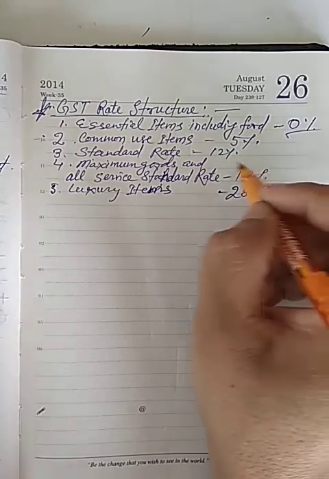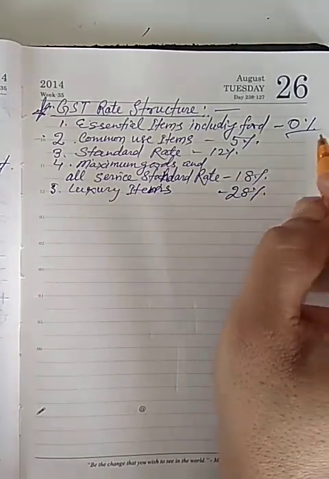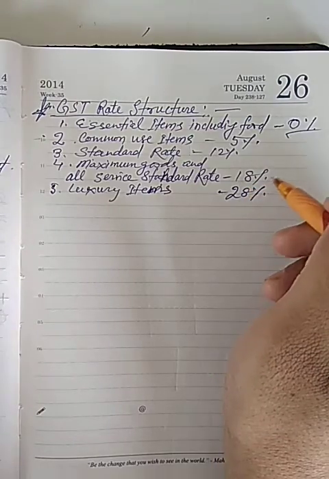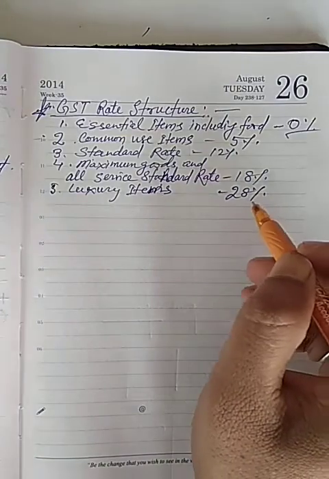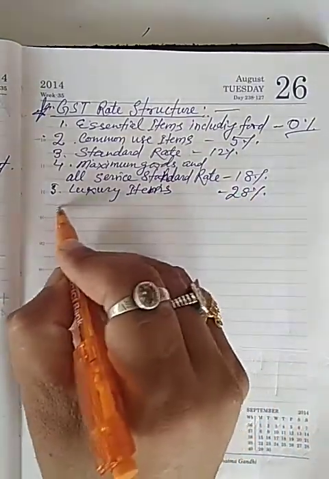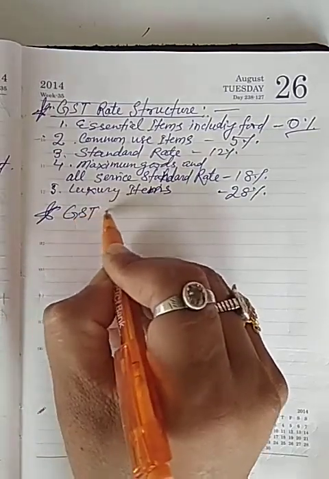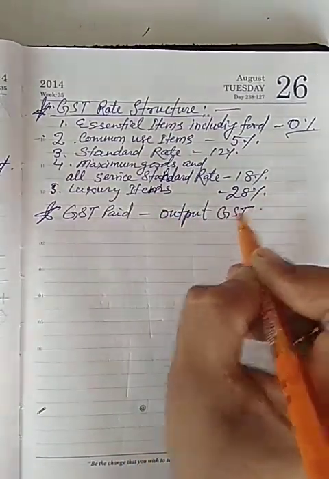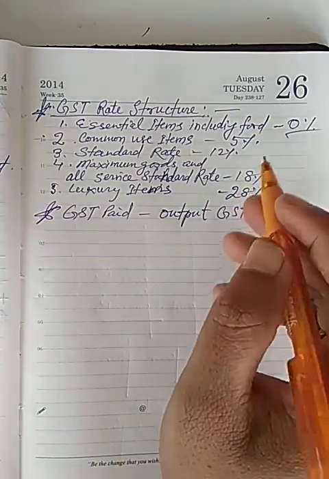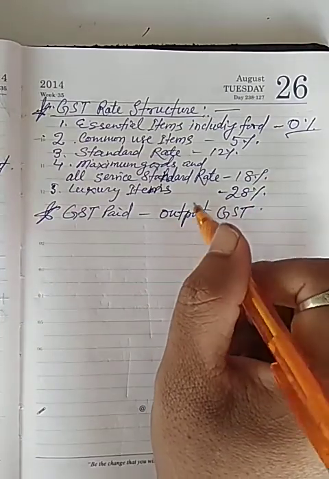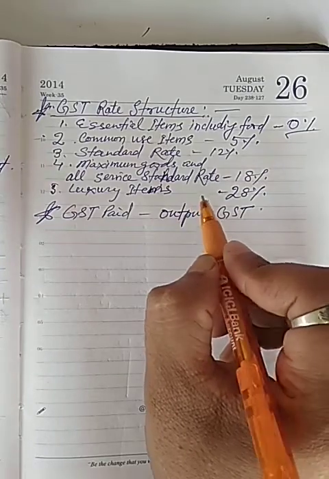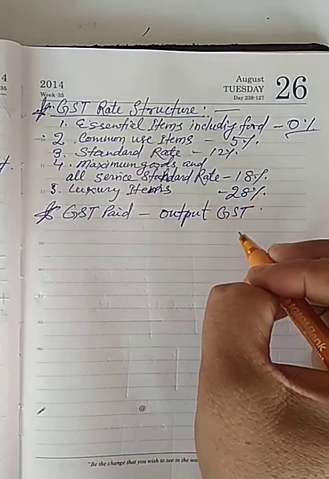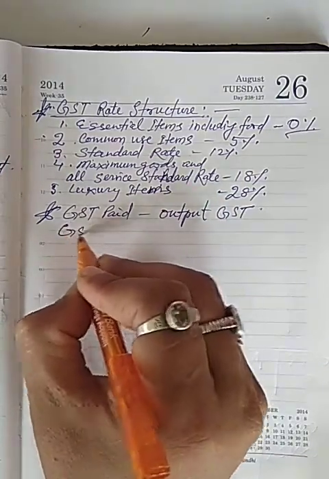GST is paid on purchase of goods and services, and it is collected from customers on sale of goods and services.